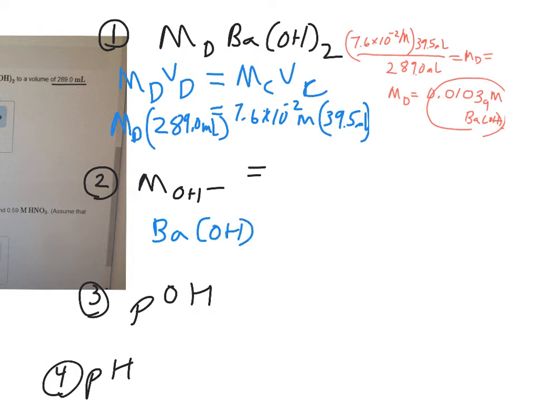For every formula unit of barium hydroxide I produce 2 hydroxides when I dissolve it in water.